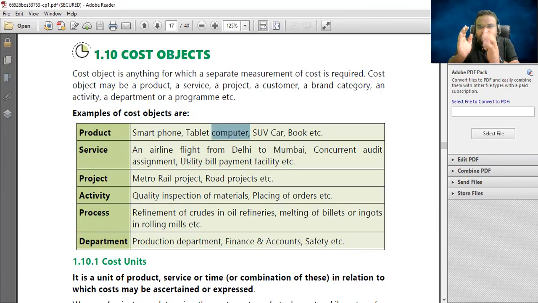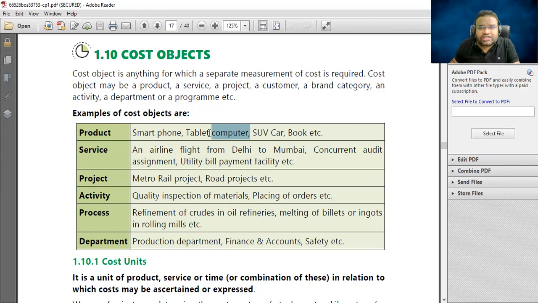Project, what is the cost of this metro rail? Or what is the cost of the metro rail project in Ameerpet? That is one cost object. An activity, what I said, purchase ordering is an activity. Quality inspection is an activity. Inspection is one activity. Repair or replacement, repairs is one activity.